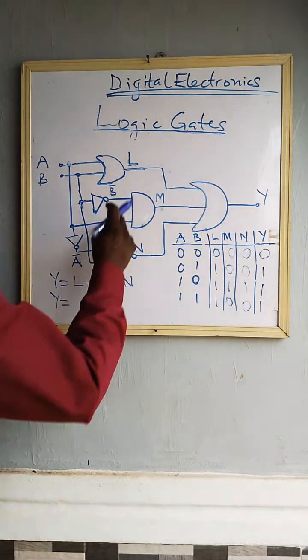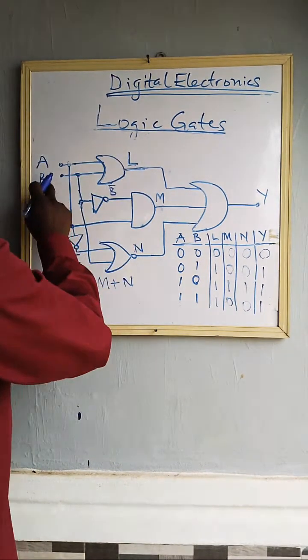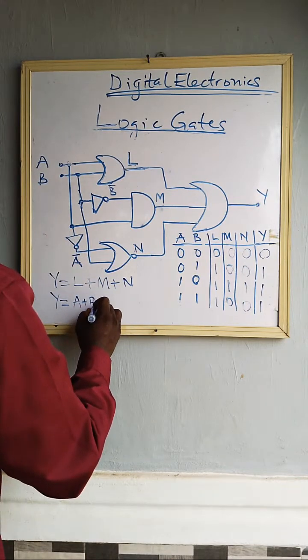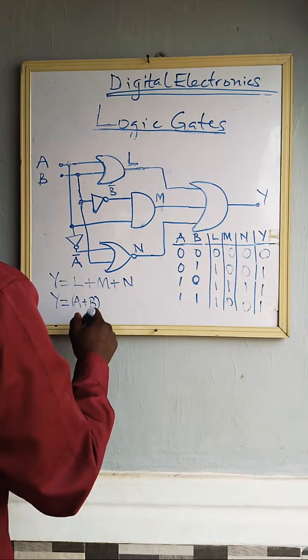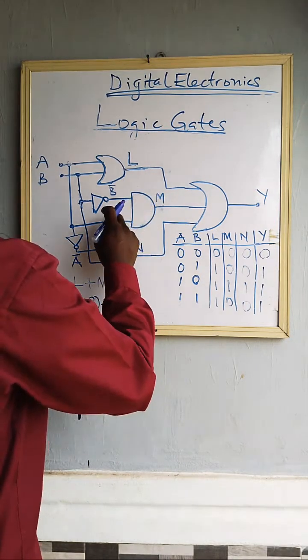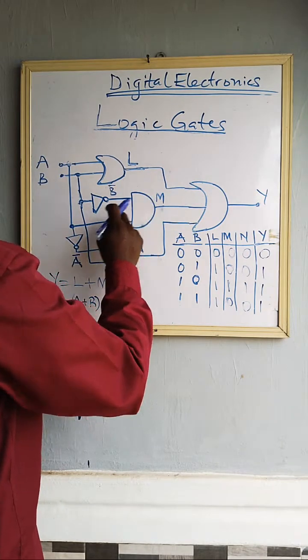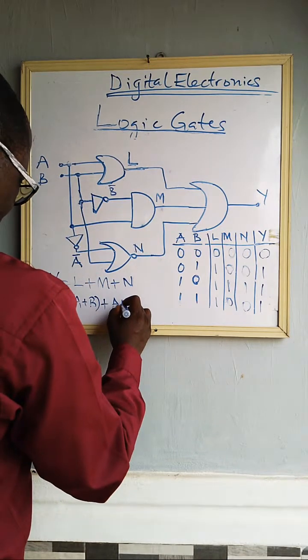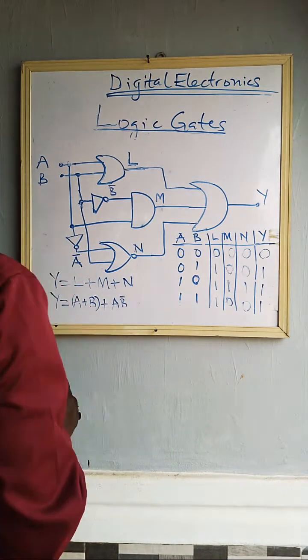Y equals L, which is an OR gate between A and B. So we have A plus B. Then plus M. M is an AND function between A and B bar. So we have A, B bar.